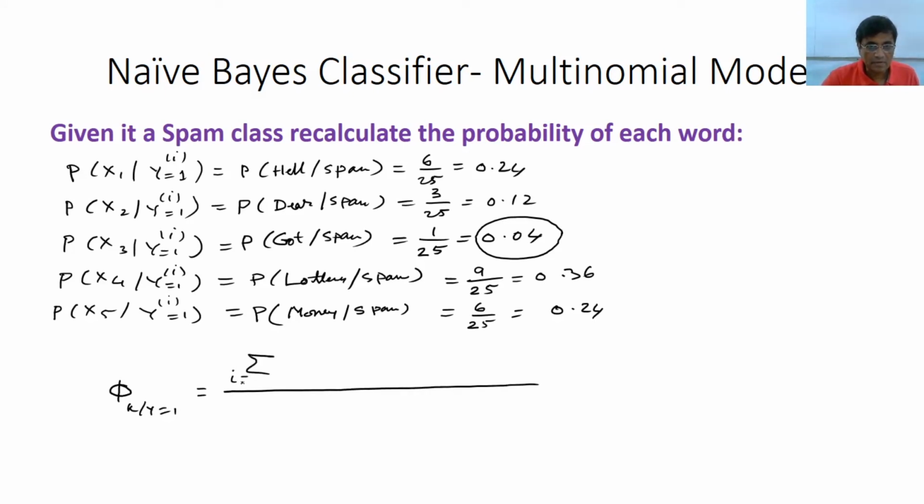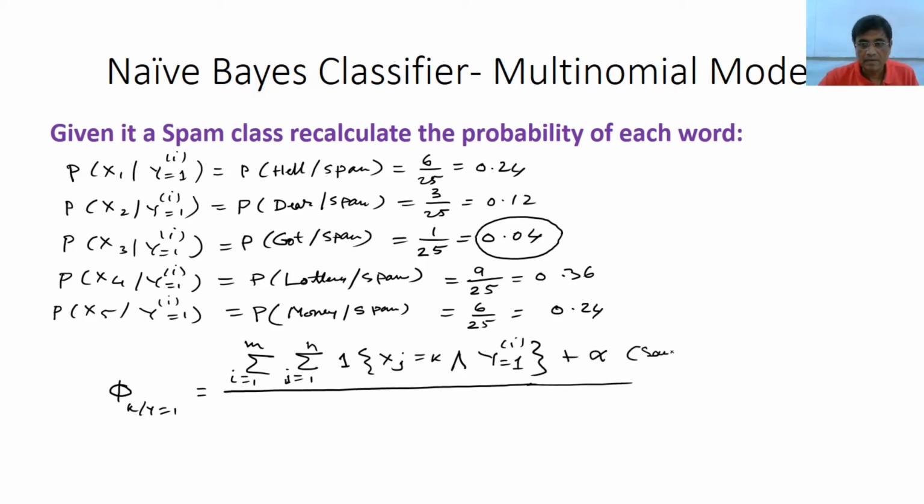We'll have to create 2 loops, provided this is your spam class, plus alpha, say alpha equal to 1.